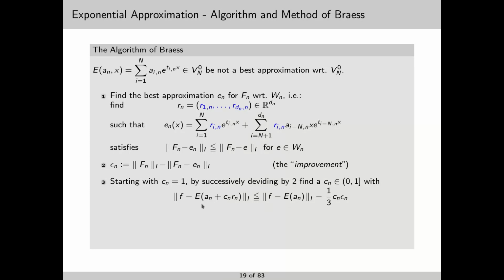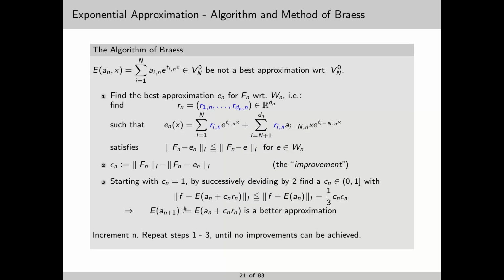Thus, this exponential sum is a better approximation of f than e of a^n. And it is the n plus first element of the sequence of better approximations. Repeat steps 1 through 3 until no improvements can be achieved.